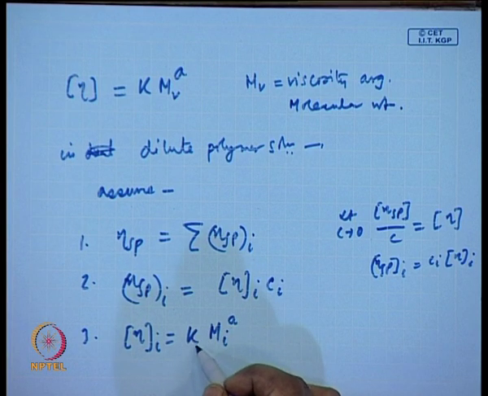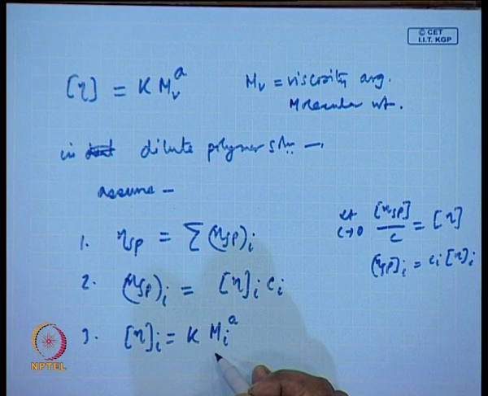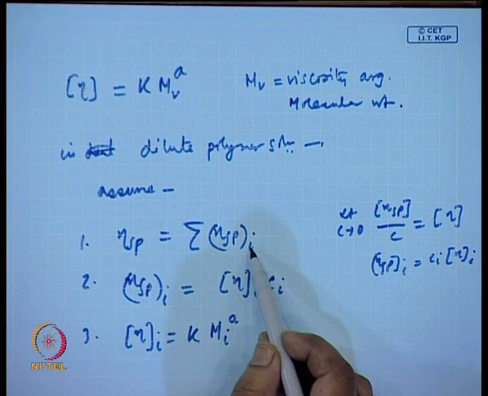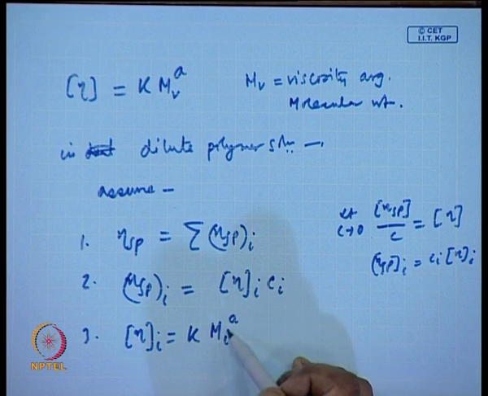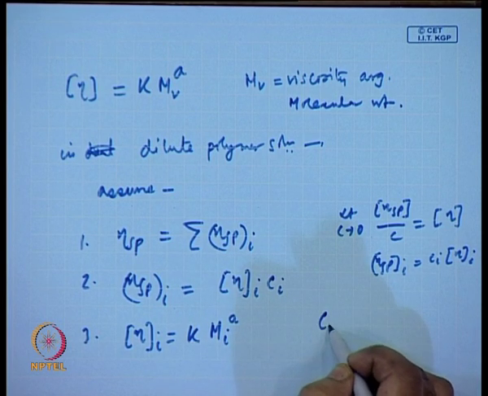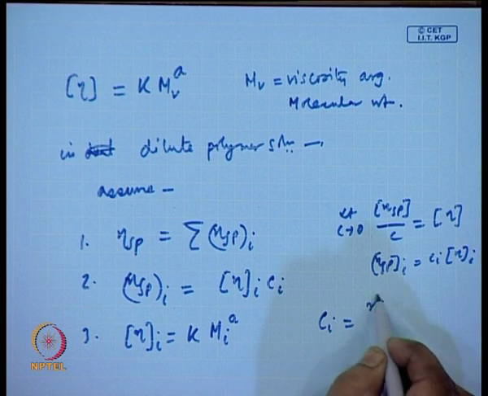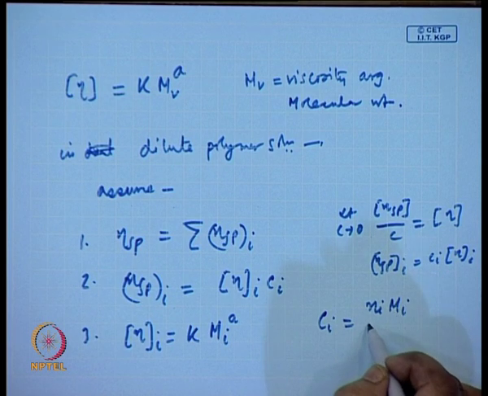That means we are assuming that the K and a values are independent of the size of the molecule. So, eta_i is the intrinsic viscosity of N_i moles of molecules having molecular weight M_i present at a concentration of c_i per unit volume. So, c_i can be written as N_i, the number of molecules, times M_i, the molecular weight of that molecule.